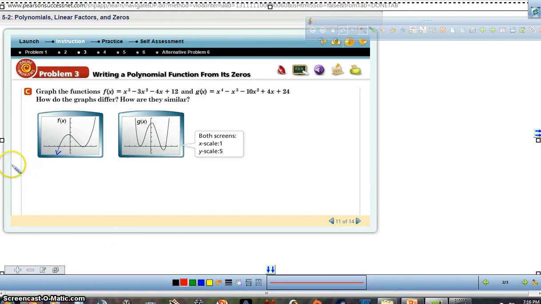So let's first look at their end behavior. This one is down and this one is up. This end behavior is up and up. And then let's also think about their leading coefficient.